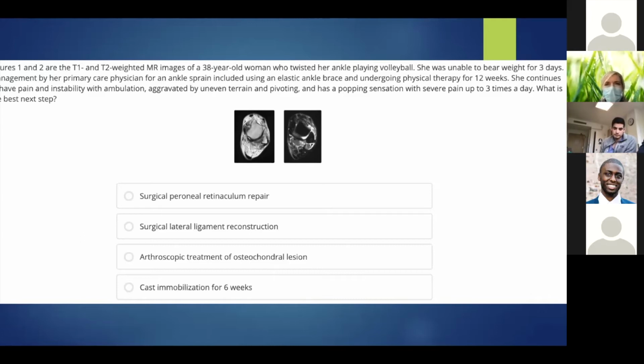People talk about casting for 4 weeks or so, but technically the board answer and the test answer is you do operate on these right away. And again, the lateral ligament reconstruction, she's undergoing physical therapy, but she has this popping with severe pain. So that's why we're thinking, in combination with the MRI showing us the dislocating peroneal tendons.